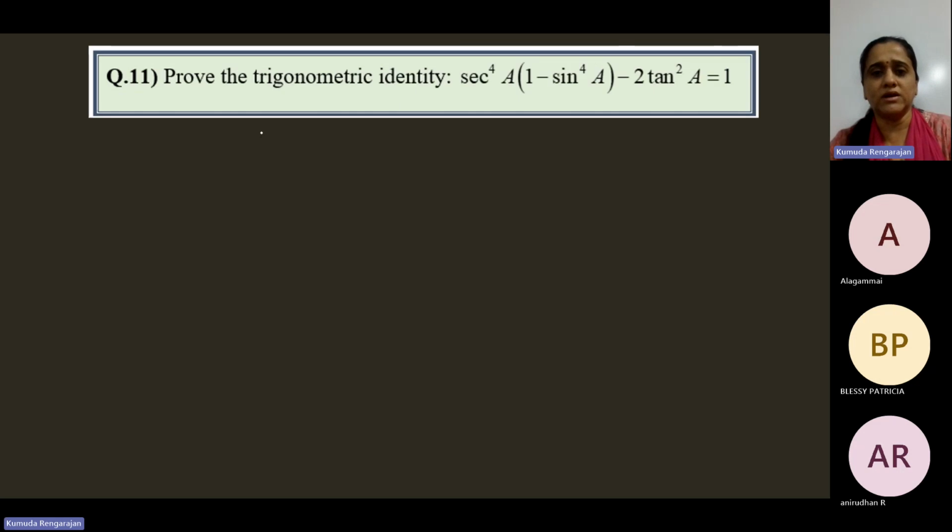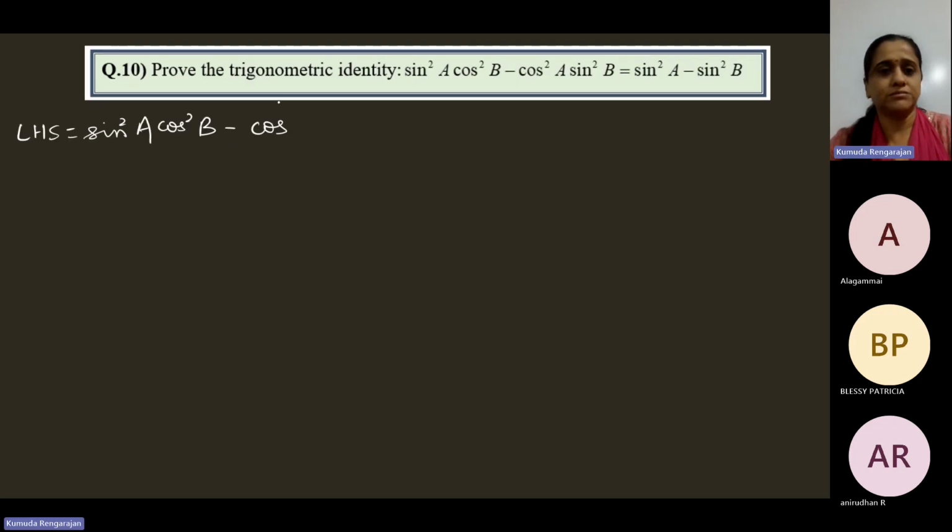We have to continue from here, right? So what do we have in the RHS? We have sine square A minus sine square B. But on the left-hand side, we also have cos.